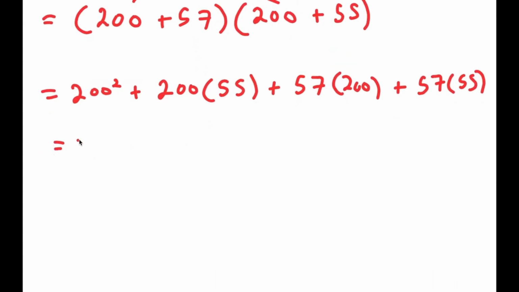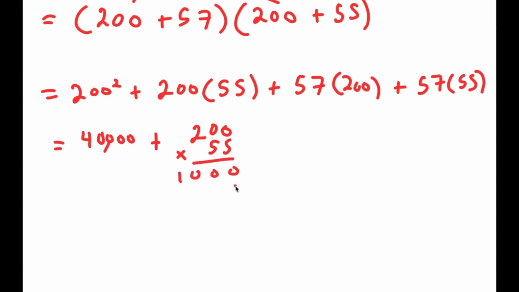Now 200 squared is equal to 40,000. 200 times 55, I'm going to write this right here, 200 times 55, we have 0, 0, 10, 0, 0, 10, and I add these up, 0 plus 0, 0, 0, 0, 1, 1.